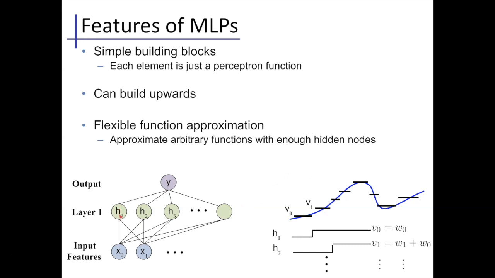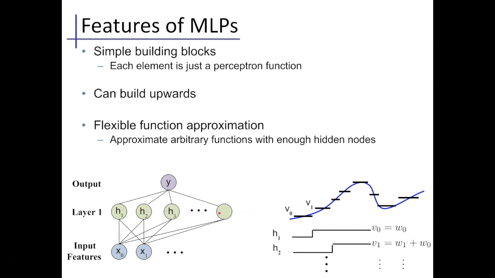So now h1 is simply a step function, and h2 will be a step function. I'm going to choose the threshold of the step function to be located exactly at this point. So the first threshold of h1 will be exactly at the boundary between v0 and v1. And the thresholding function for h2 will be at the next boundary, and so on.